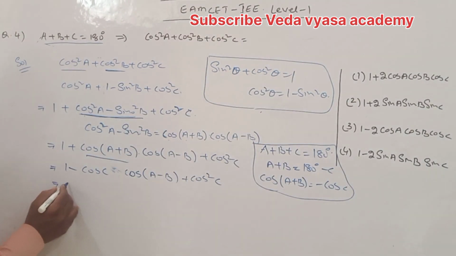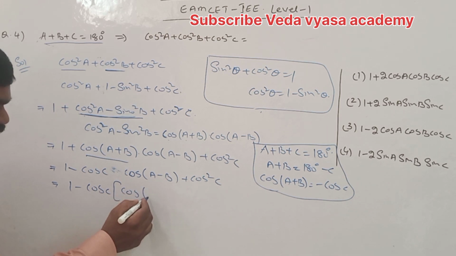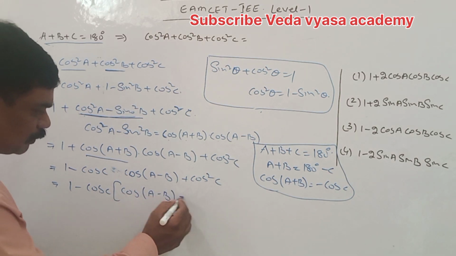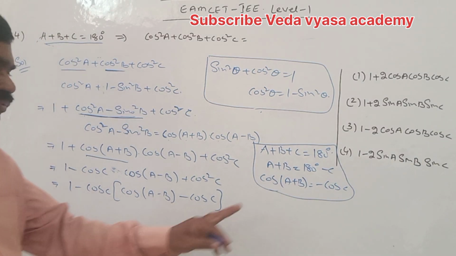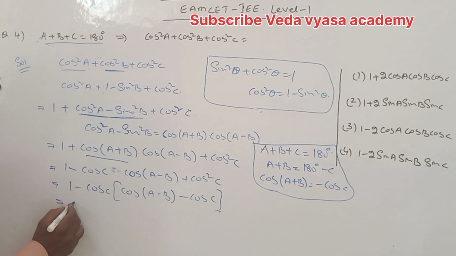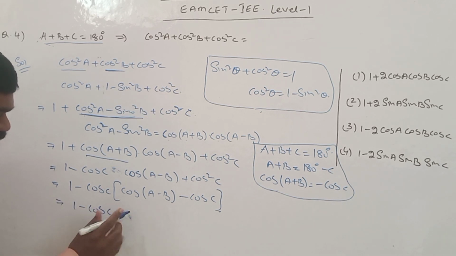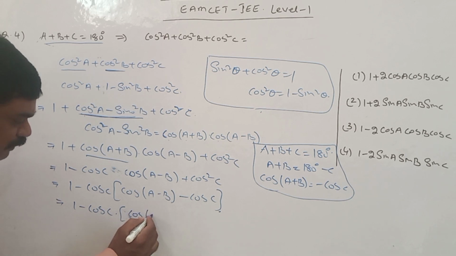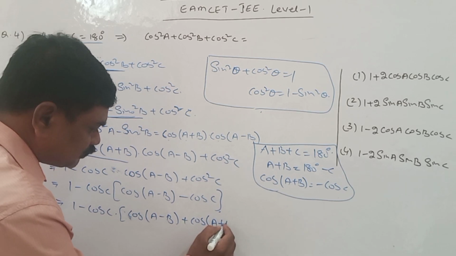From these two, you take common cos c, then cos of a minus b minus cos c. But minus cos c is equal to what? Cos of a plus b. So 1 minus cos c into cos of a minus b plus cos of a plus b.